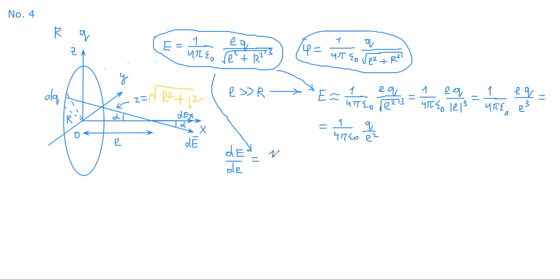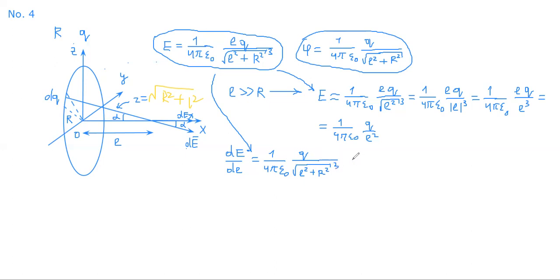It will be 1 divided by 4πε0, q divided by the square root of L squared plus R squared to the power of 3.